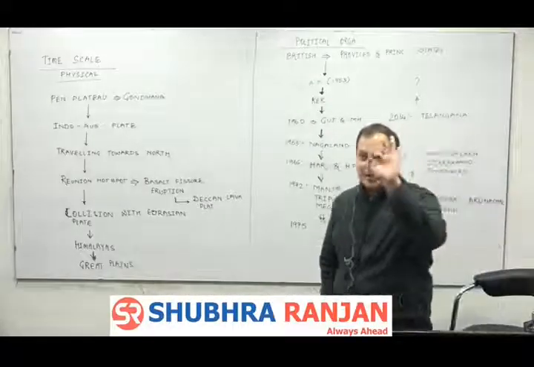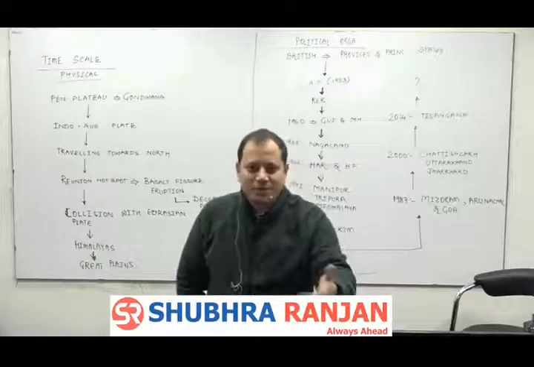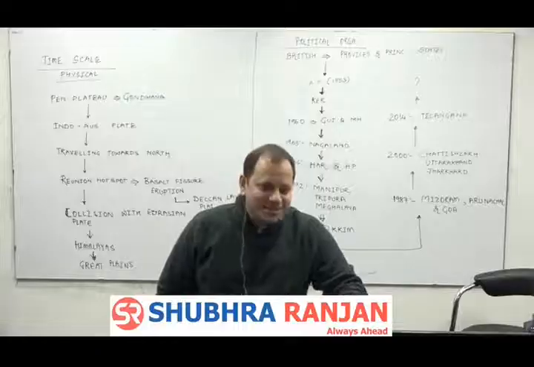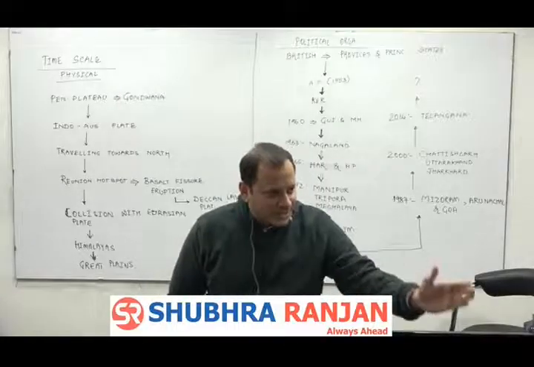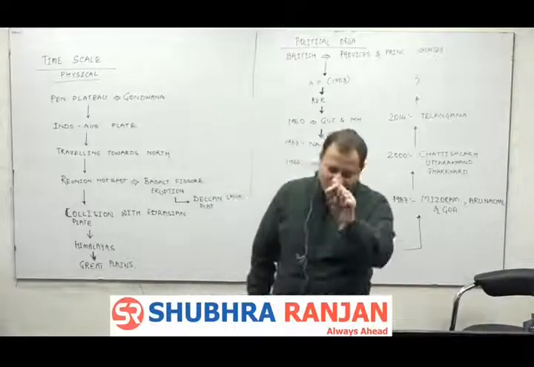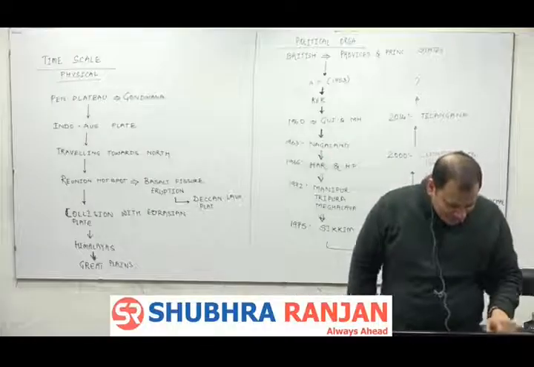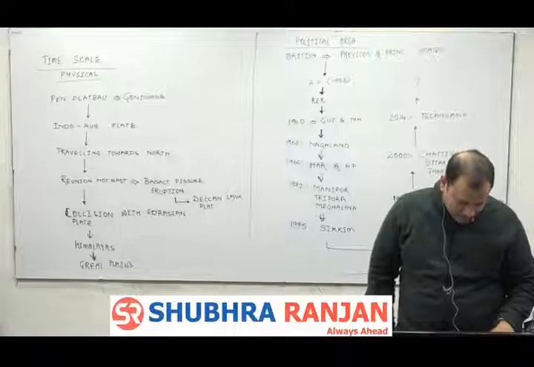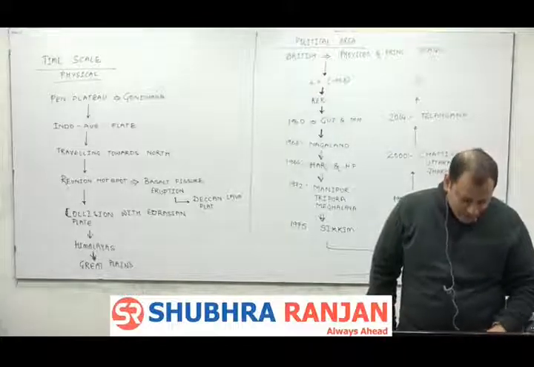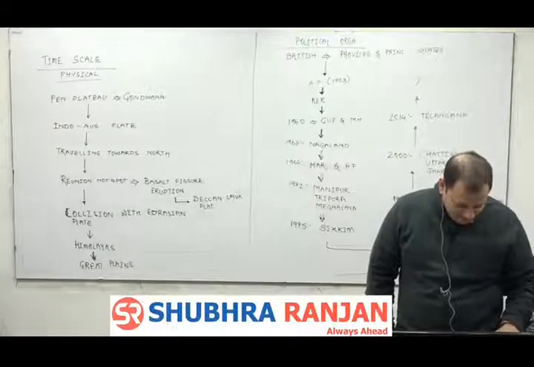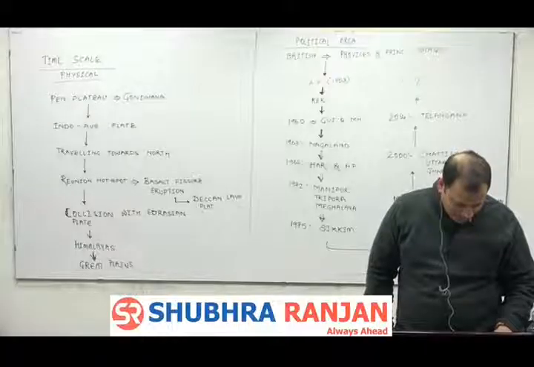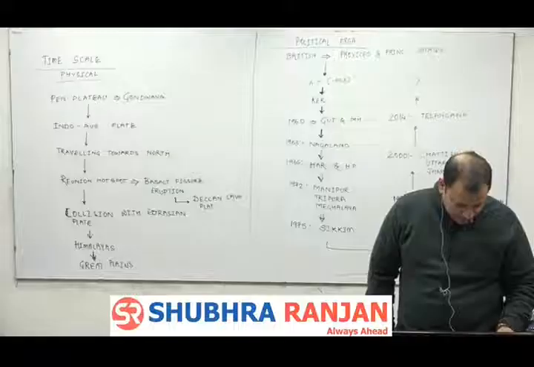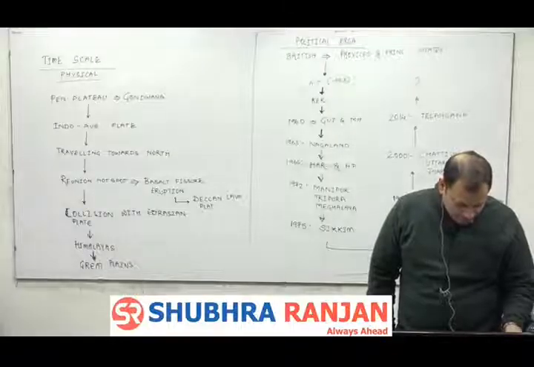Including Andaman Nicobar, excluding Andaman Nicobar, this is where we get trapped. So take down now. India has a coastline of 7516 kilometers, which includes the Union territories of Andaman Nicobar and Lakshadweep.